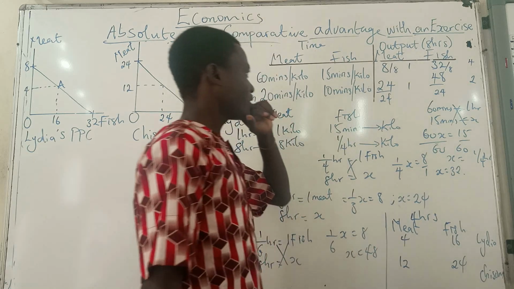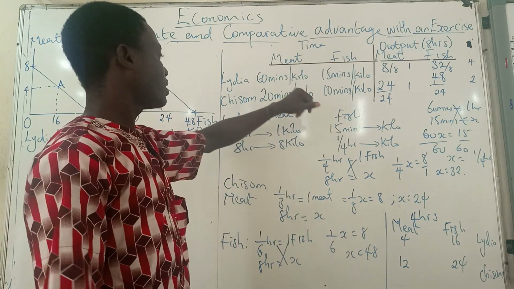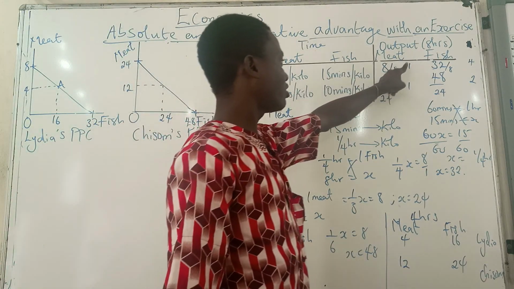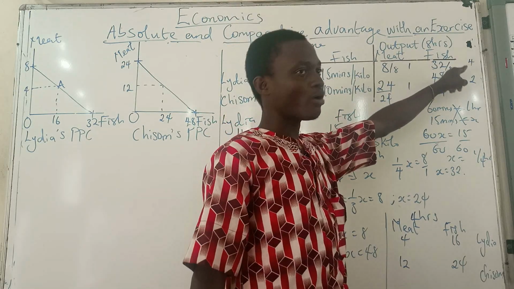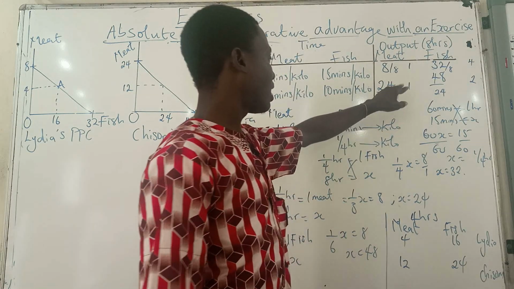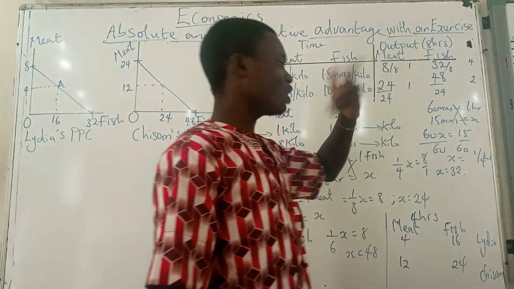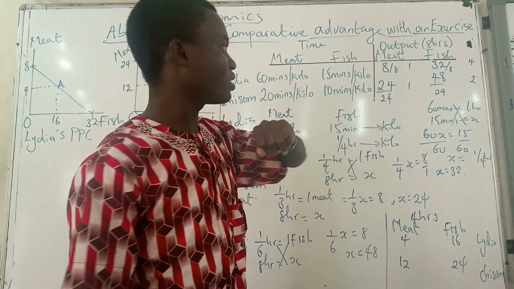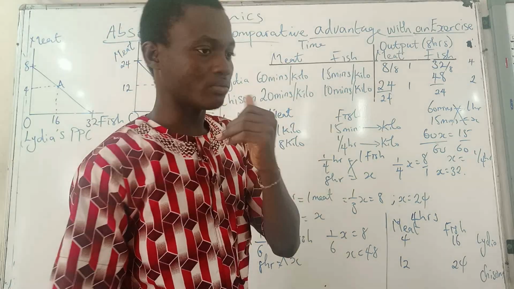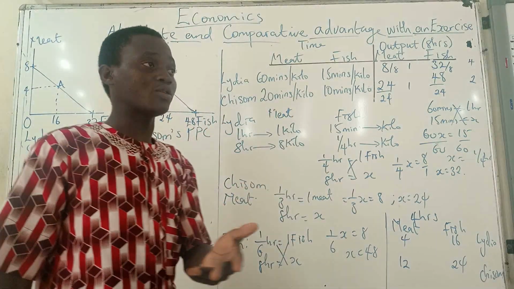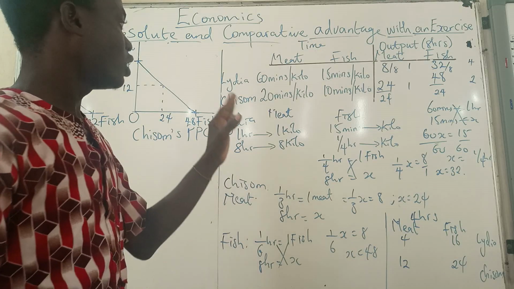So now comparing the opportunity cost, who should produce what? If Lydia decides to produce a kilo of meat, she is giving up the production of 4 kilos of fish. Now this for Chisom is giving up just 2. So who is giving up the lower opportunity cost? I shouldn't say the least because we are talking about 2 producers.